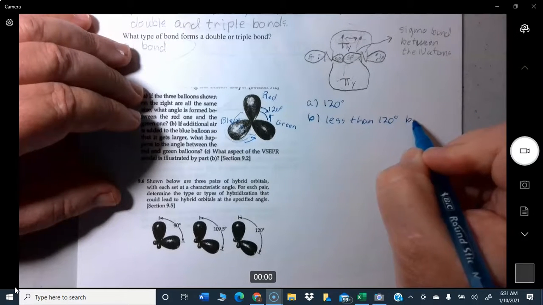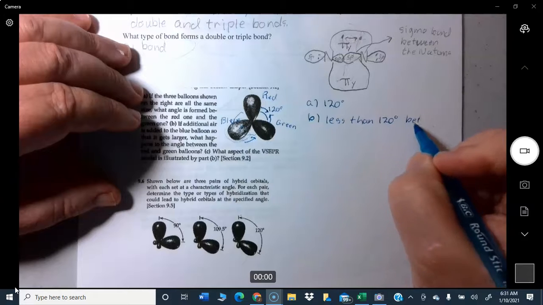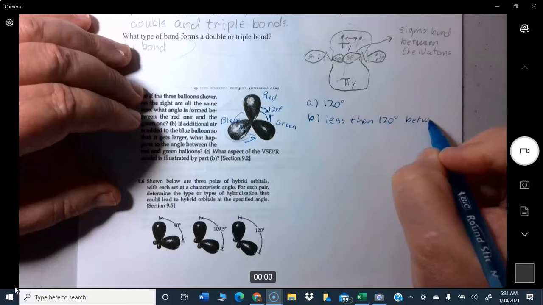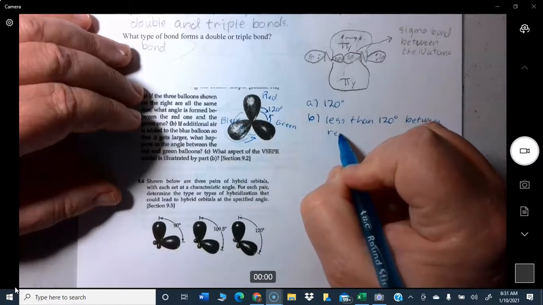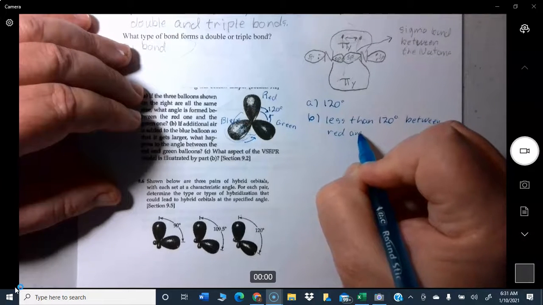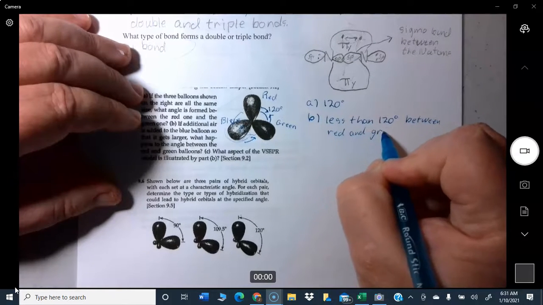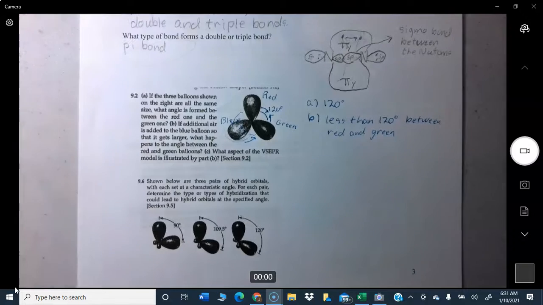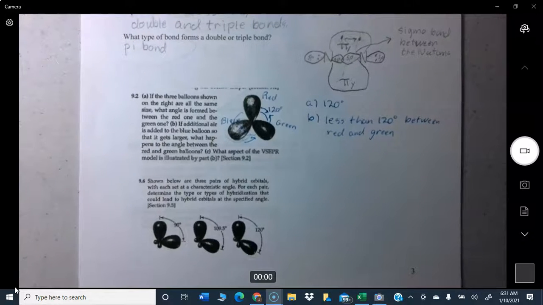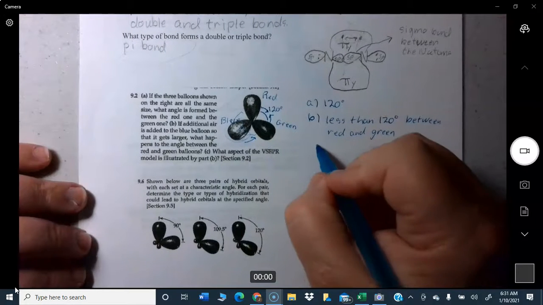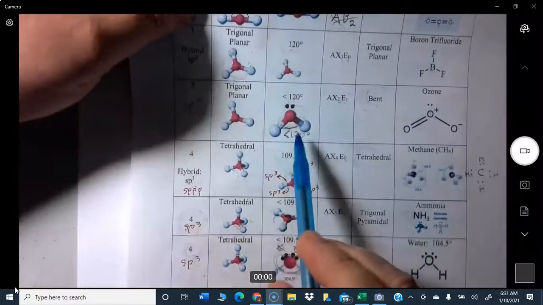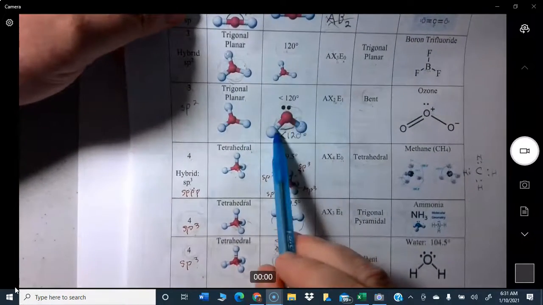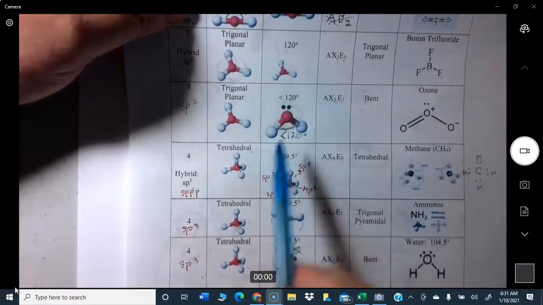You have to be specific between red and green, because between blue and green or blue and red, the angle's going to get bigger. Okay, what aspect of VSEPR model is illustrated by B? We just said that. That's a lone pair. That would be this. Lone pair, and these two get pushed to be less than 120 degrees.